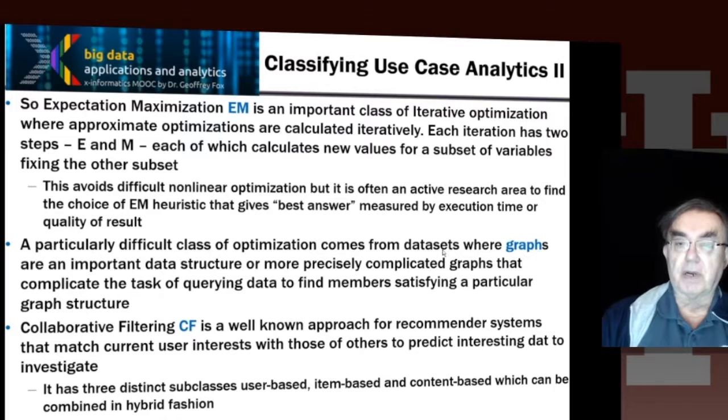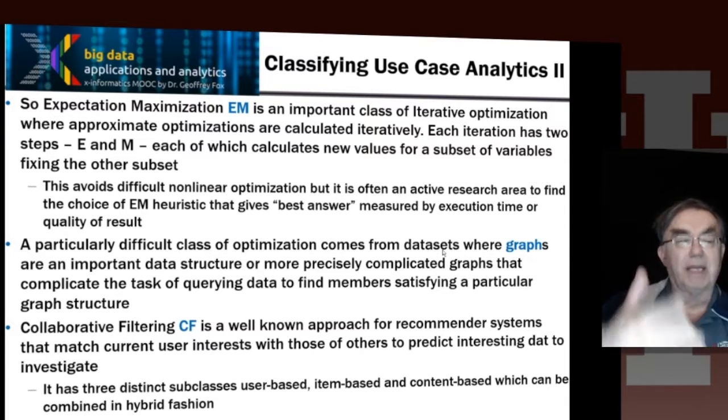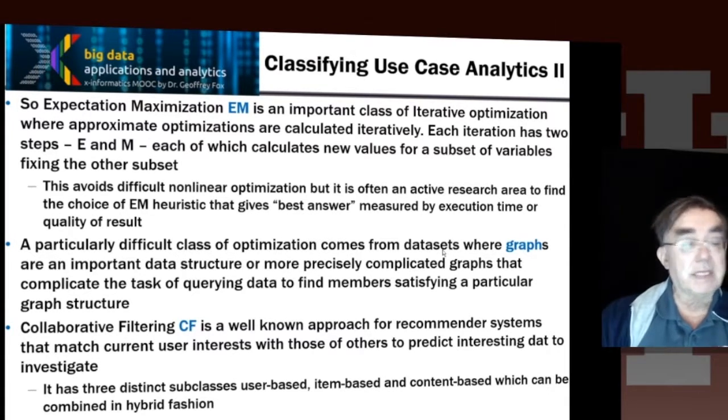You have an iterative algorithm, you fix some of the variables to the values at the previous iteration, find the values of the next iteration for other variables, and then in the maximization step, you find the remaining variables, and then you iterate this approximately, because you can't find exact optimization. So you do it iteratively by fixing and minimizing some of the subset.